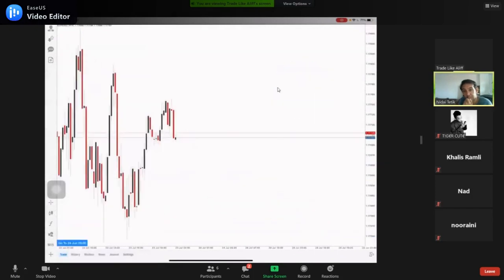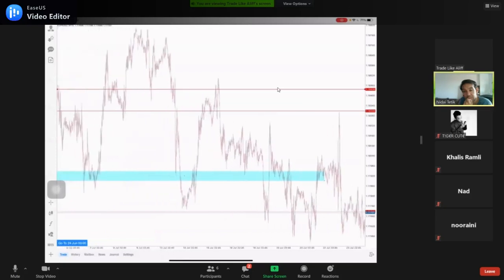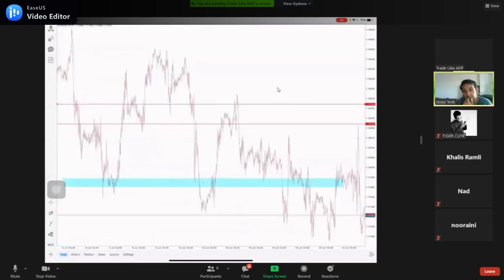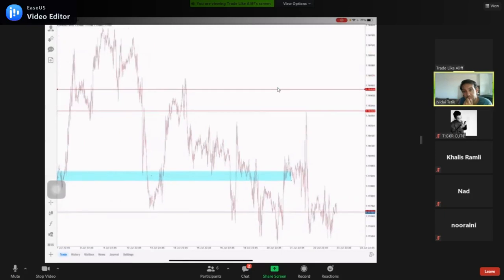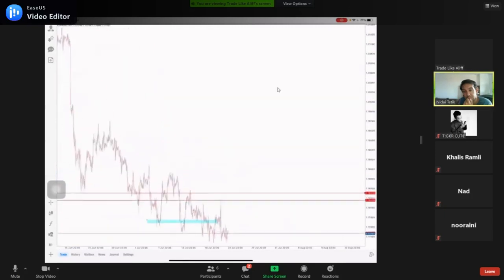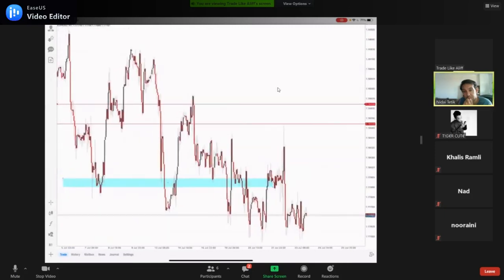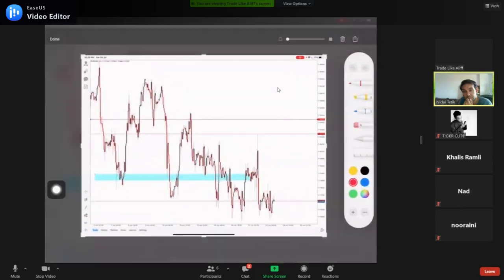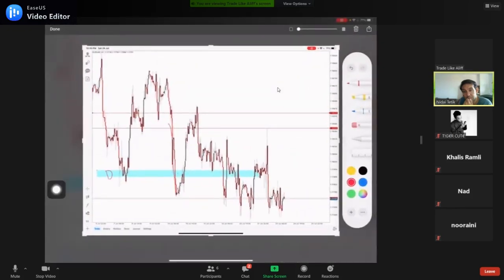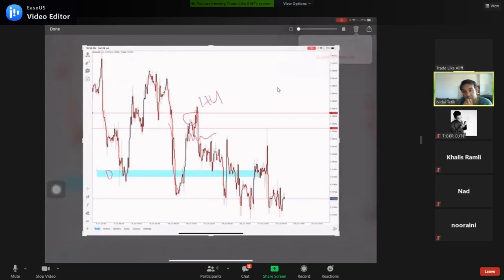In that zone, just wait for another breakout to happen. Just wait for a breakout to happen. Remember, daily breakout, H4 zone. Here you can see H1 breakout.